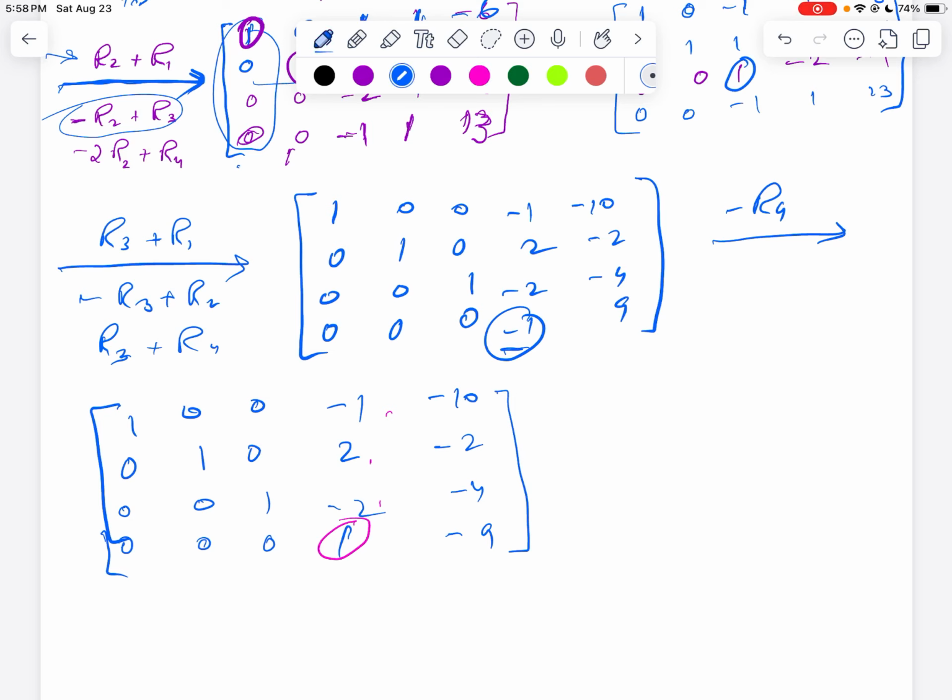Okay, I hope you guys got it. So what are the operations we are going to do? In order to make this entry a 0, I'll just add row 4 to row 1.